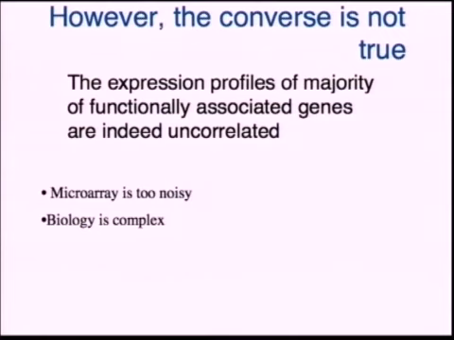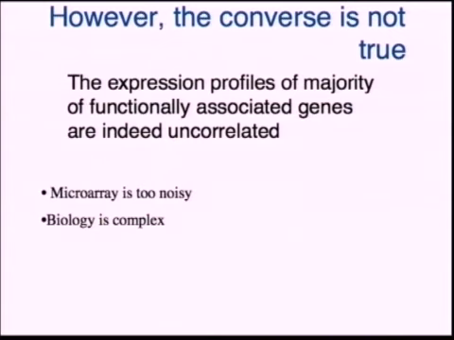Okay, so this is the problem with biology. When they see some successful examples, they try to blow it up and say every case is like that, until people find a counterexample. And in fact, this is actually not our finding, but it's been known by many others also. That is, the expression profiles of the majority of the functionally associated genes are indeed uncorrelated.